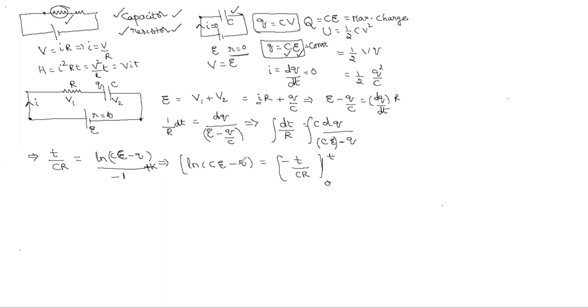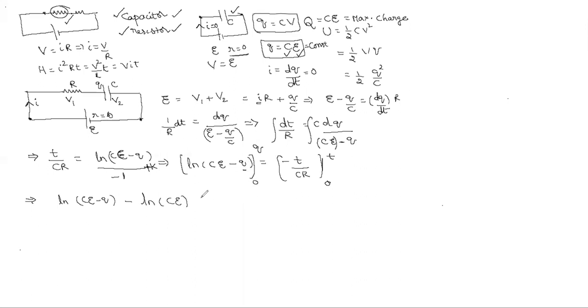Initially at t equals 0, there is no charge on the capacitor, so q goes from 0 to q. Then if you substitute the limits, log of CE minus q is the upper limit, minus the lower limit log CE minus 0. In place of q, I am substituting 0.